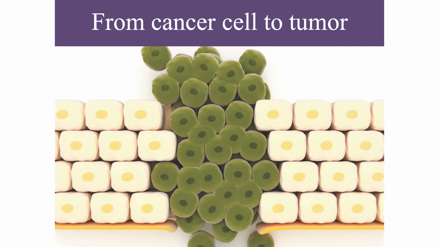So first thing, talking about how we get from having a cancer cell to what you would call a tumor. Cancer is not one single disease. It's a large group of diseases that depends on where the cells that form that cancer arise. So they're going to be treated differently. They're going to have different degrees of how aggressive they are, whether they spread, that sort of thing.